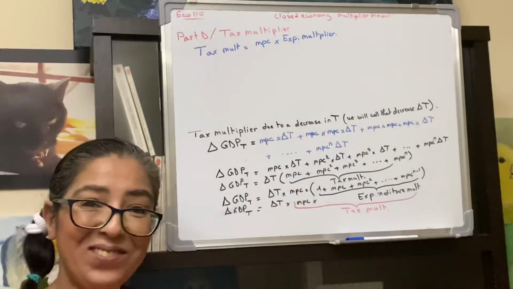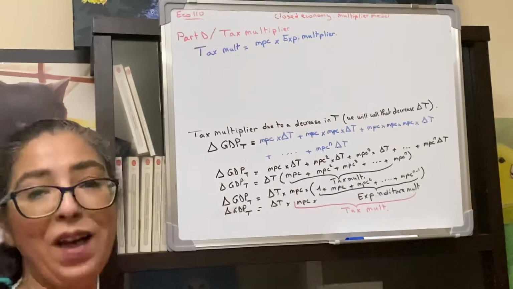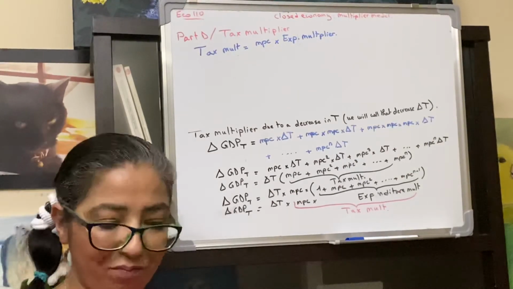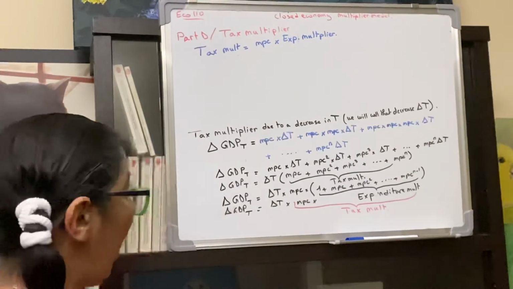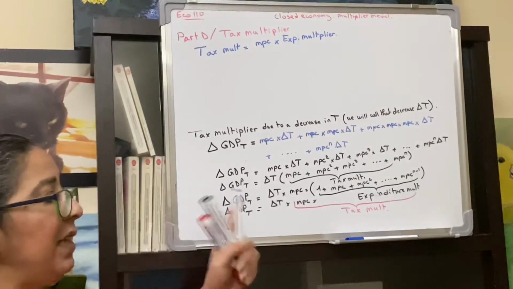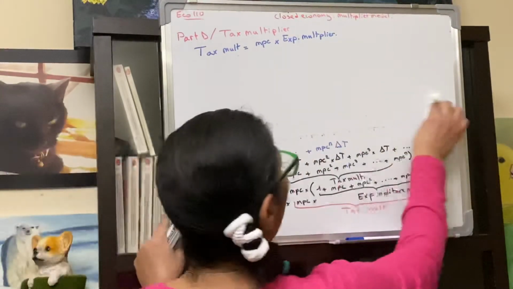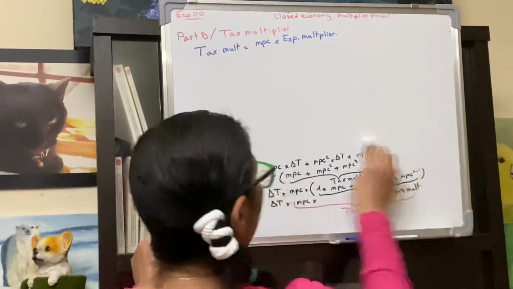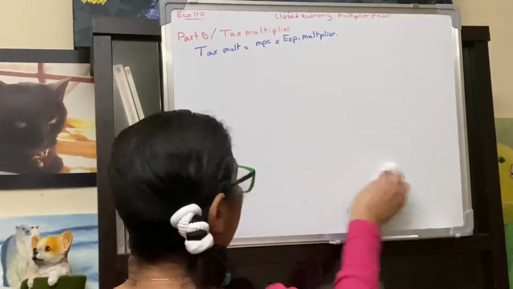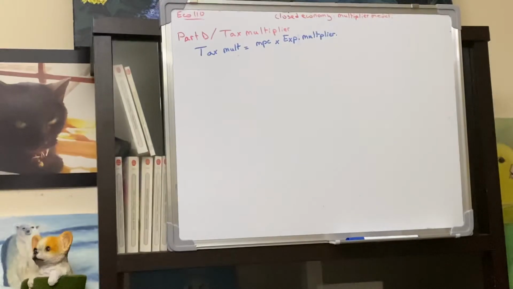Clear? Now, I'm going to give you the rule to find the GDP. Take a screenshot because I need my board. Here we go. Let me just check if I'm recording. Yes, I am recording.